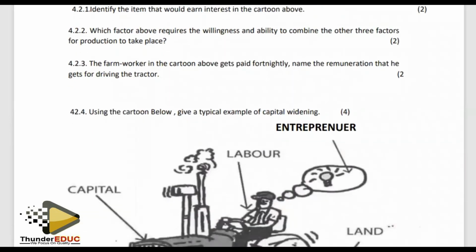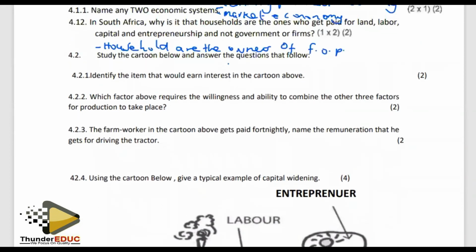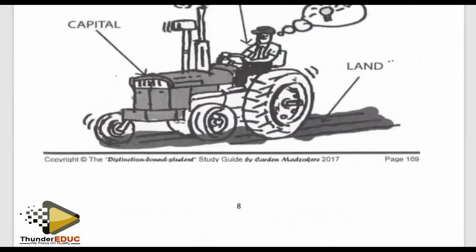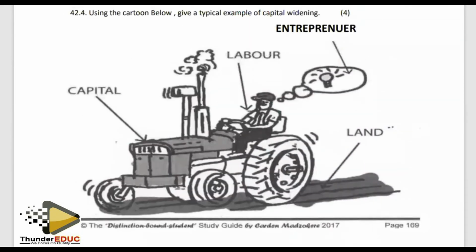Look, we have another aspect here, the cartoon, which is provided. Study the cartoon below and answer the questions that follow. The first question, identify the item that will earn interest in the cartoon. Interest is paid on what? These are factors of production which are shown here. An entrepreneur receives profits.